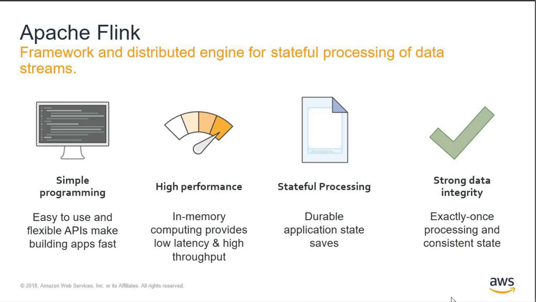There are different types of processing semantics provided in stream processing. The most common are at least once and exactly once. When we say at least once, it means that the processing framework is guaranteed to process every record in the stream at least once with no data loss. This means that there might be duplicates associated with your processing, but there's no data loss.